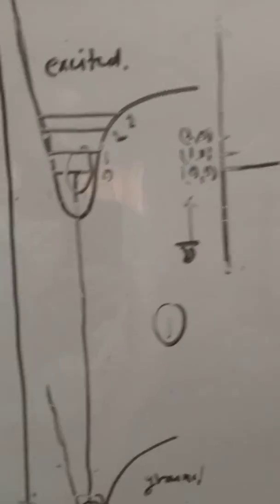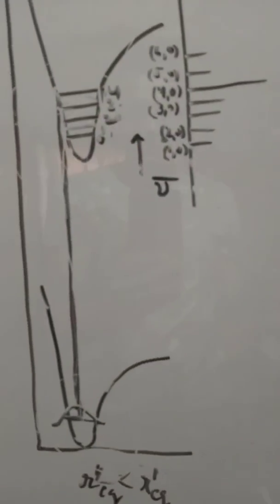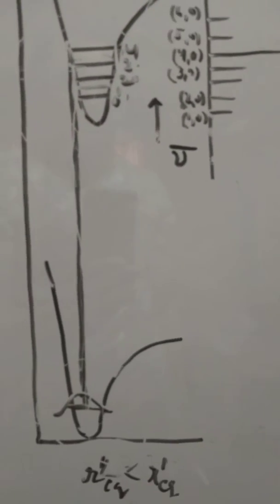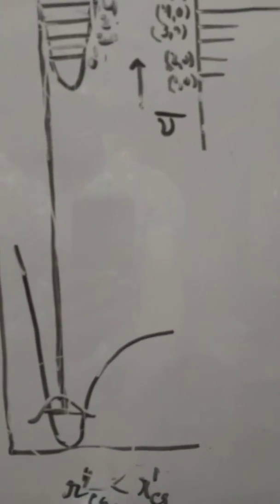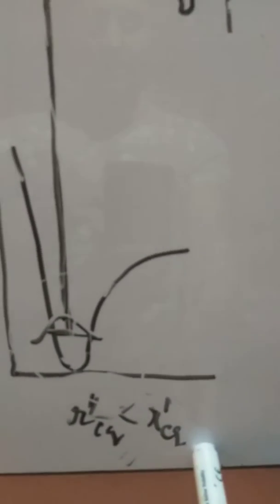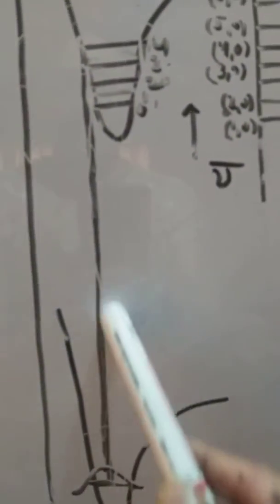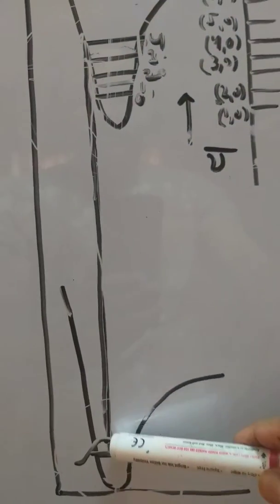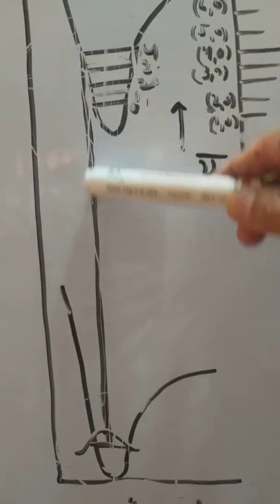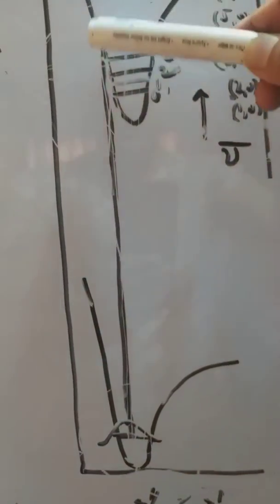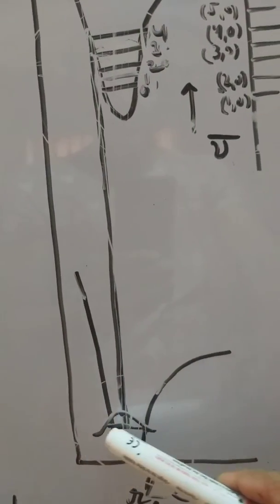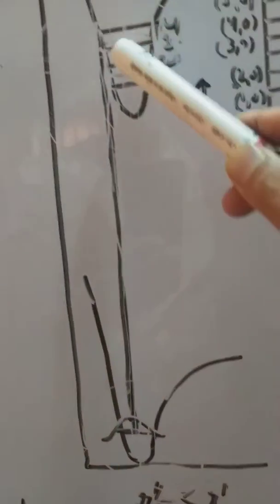In the second case, the ground electronic state has slightly less internuclear distance than the excited state. Then in this case, according to the Franck-Condon principle, the transition will take place once again in a vertical manner without any change in the R_eq value.